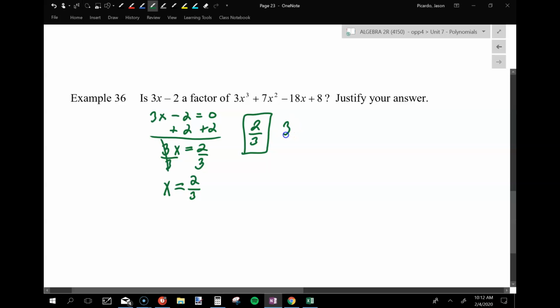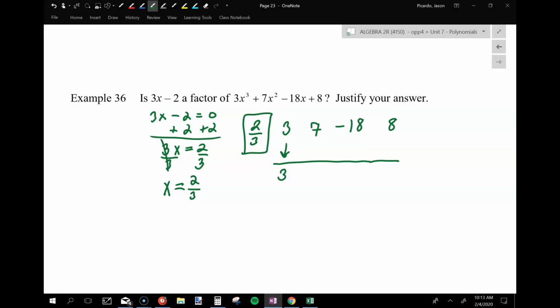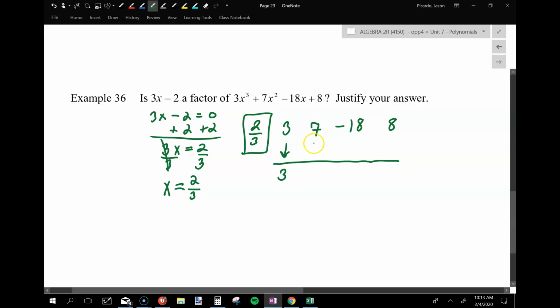So I have values of 3, 7, -18, and 8. Guys, what's 2/3 of 3? 2. Seven plus 2 is 9.